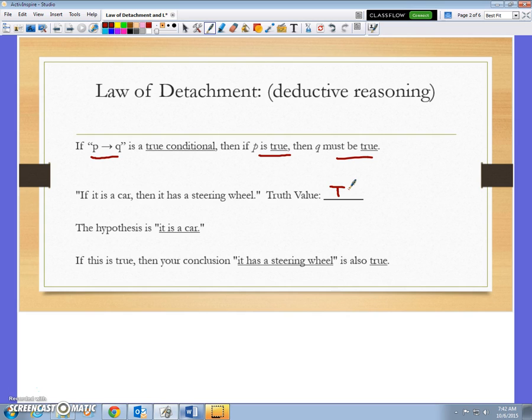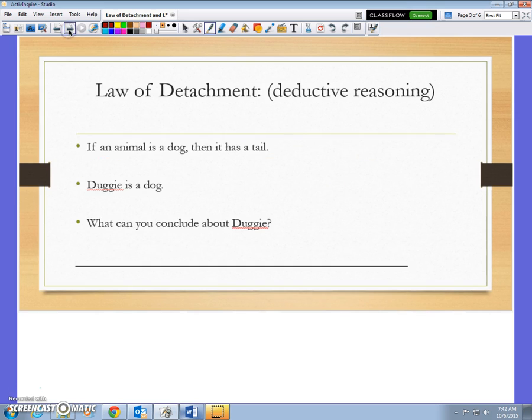I've got plenty of examples on here too. If it's a car, it must be true that it has a steering wheel. Another example: if an animal is a dog, then it has a tail. So if Dougie is a dog, then what we can conclude about Dougie is that Dougie has a tail.